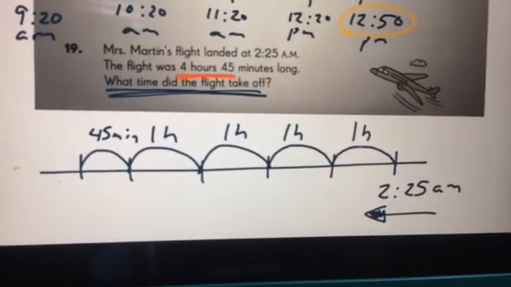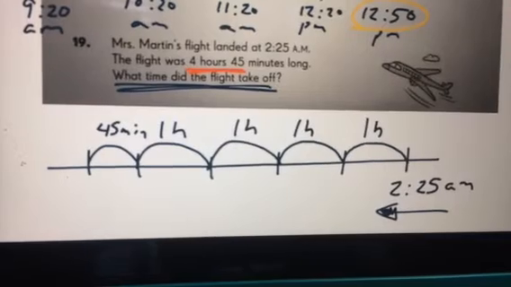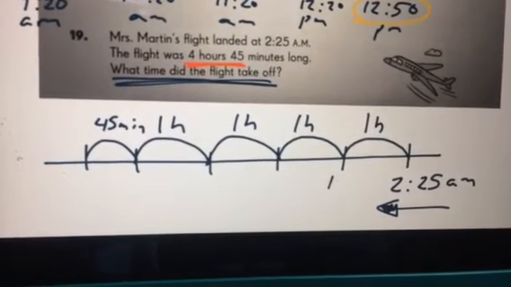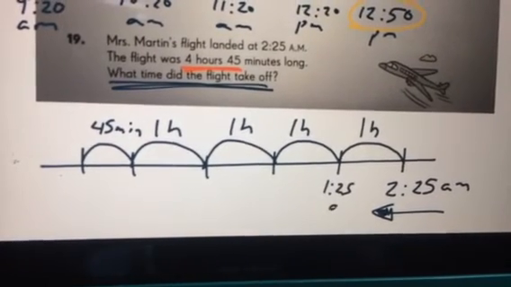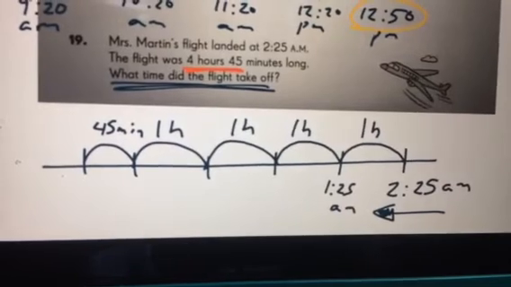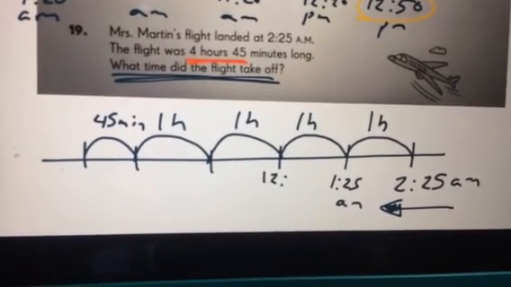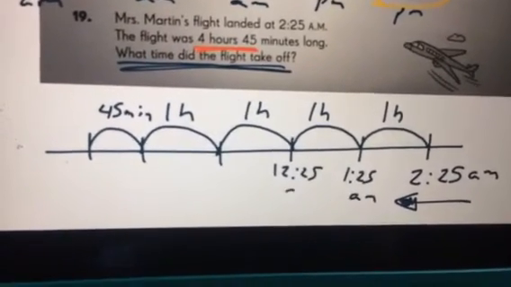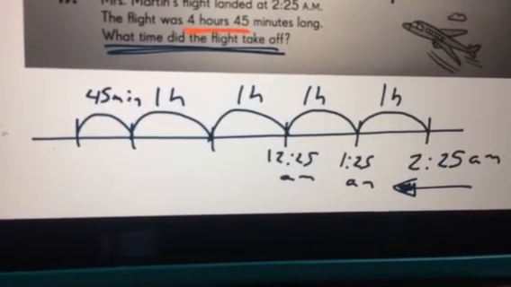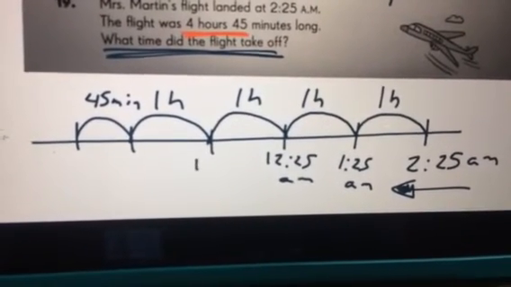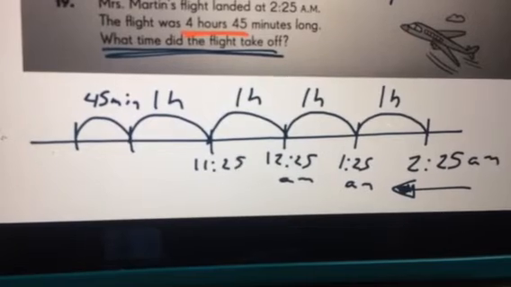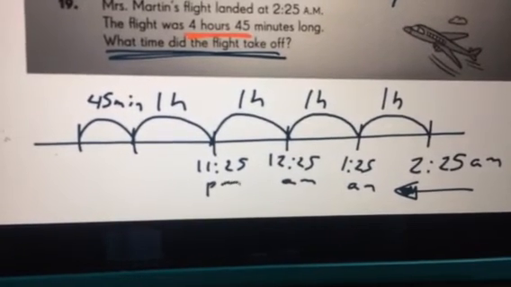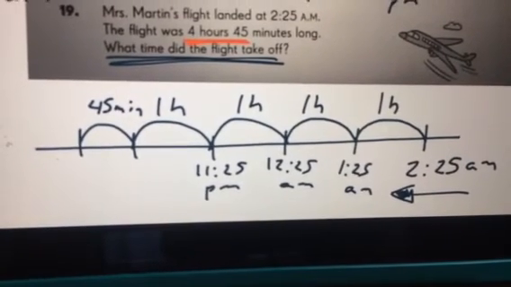All right, so let's go backwards. Starting at 2:25, 1 hour less, 1:25 a.m., 1 hour less, 12:25 a.m., 1 hour less, 11:25 p.m. now because it's before midnight, right?